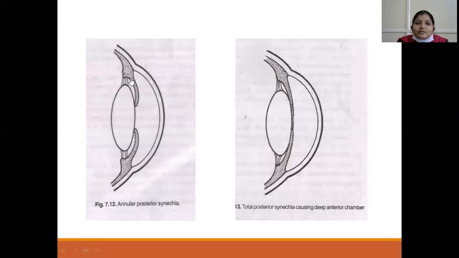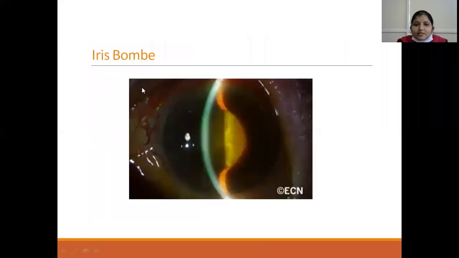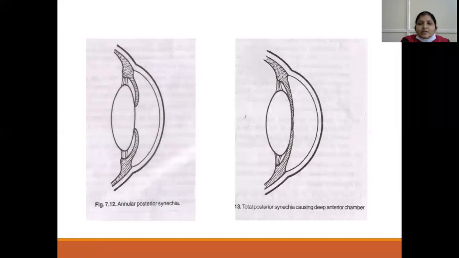Here the aqueous gets pooled behind the iris, so it pushes the iris forward. That is called iris bombe. In this picture we see iris bombe. Here the central part of the anterior chamber is deep, whereas the peripheral part, because of bowing forward of the iris, is somewhat shallow.